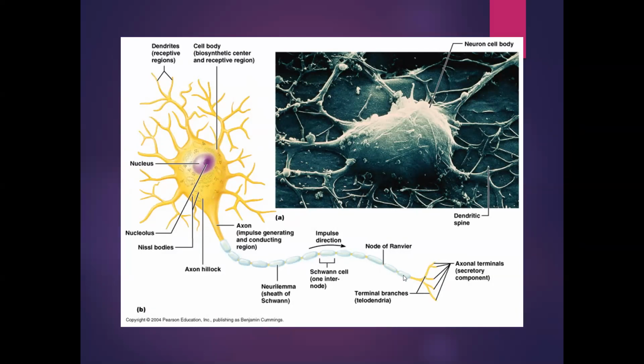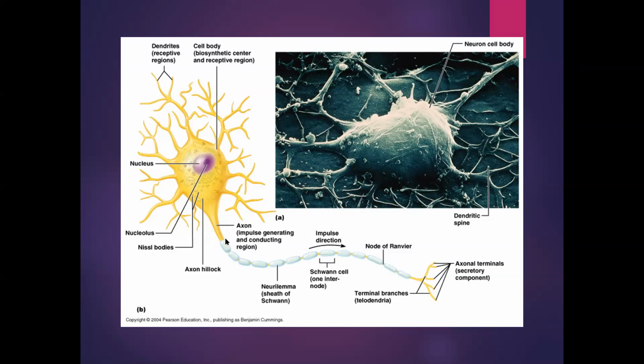But in lots of places within the central nervous system, and in almost all of the peripheral nervous system, the axons are insulated. They're protected with a material that wraps around the outside called the myelin sheath.